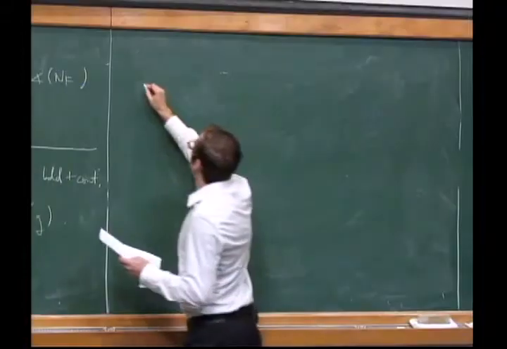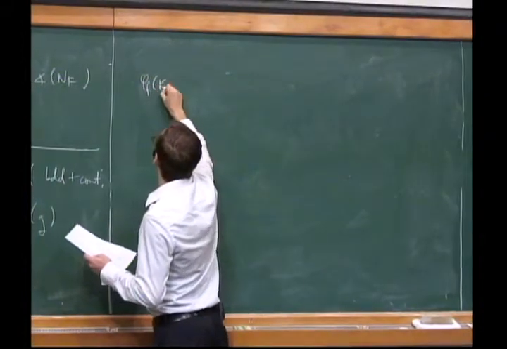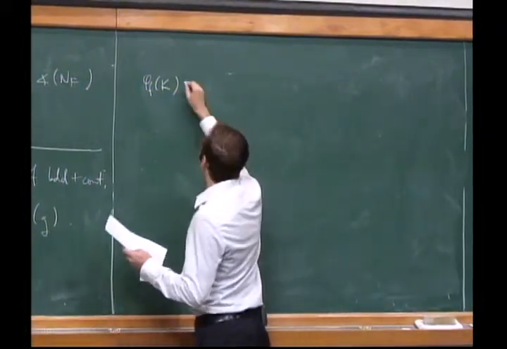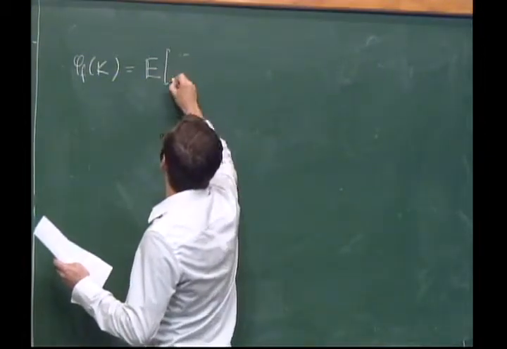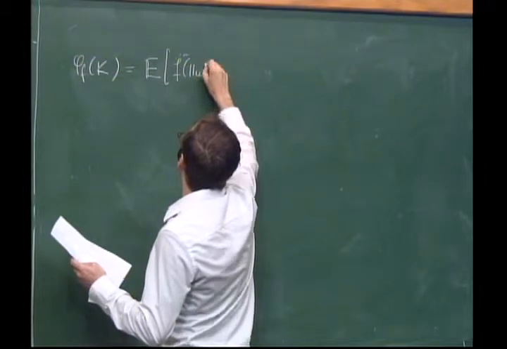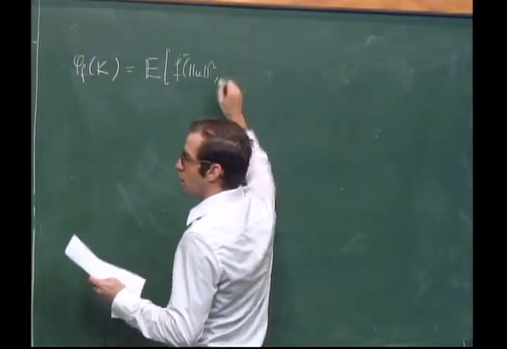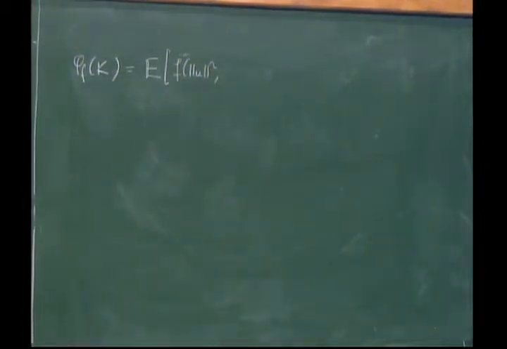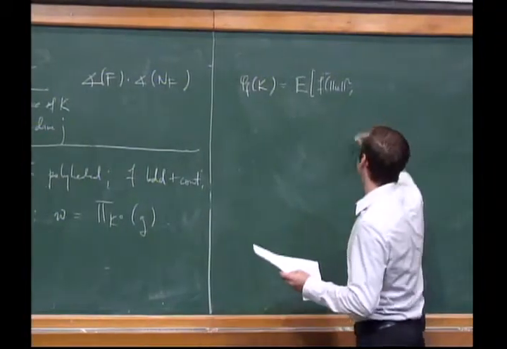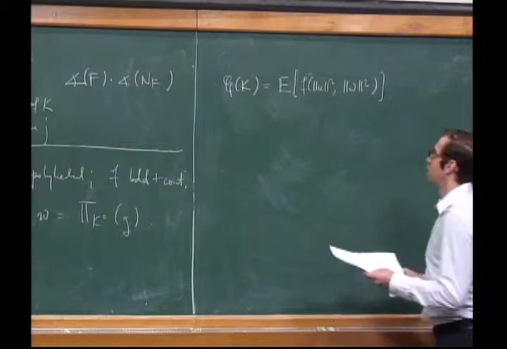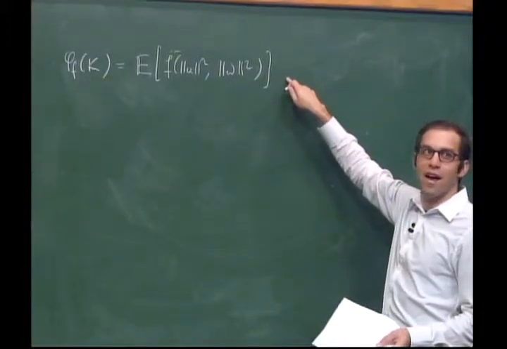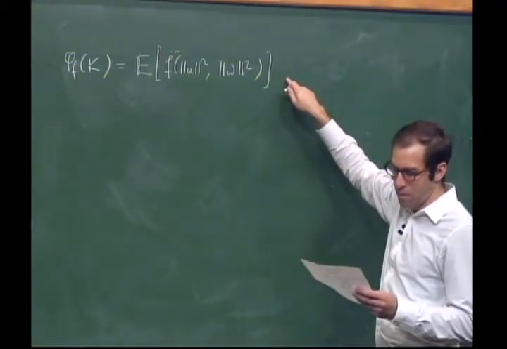So phi f evaluated at the cone is equal to the expectation of f of the norm of u squared. Oh, I think I like w's better here for the reason that v's are intrinsic volumes. Okay, so this is the definition of this functional phi f.